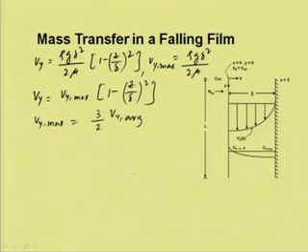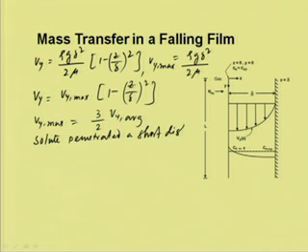Now, if we consider the solute penetrated a short distance from the surface, then we can assume the velocity will remain nearly the maximum velocity. So, the time t will be y by V y max.